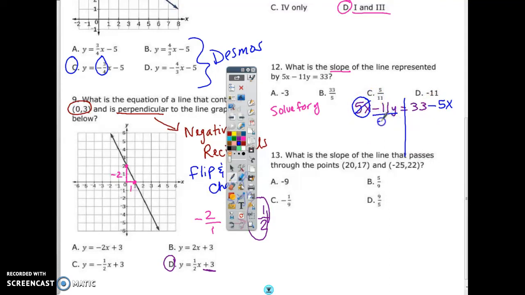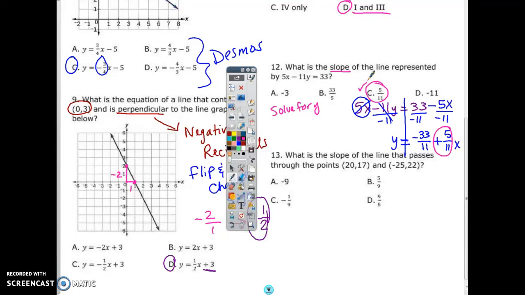And then divide by the number in front of the y. So that gives you y equals. Math enter, enter. When you divide this, that's negative 33 over 11. And when you divide these two, math enter, enter, it gives you a positive 5 over 11x. The slope is the one with the x. So that's a positive 5 over 11. The answer is C. C is the correct answer.